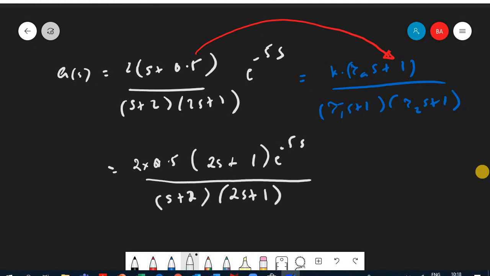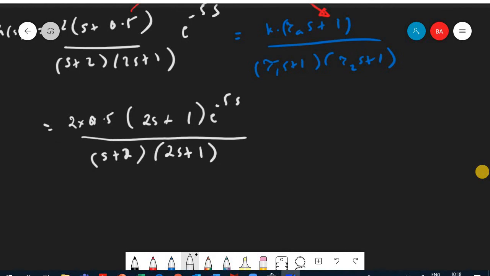Now looking at the poles and zeros, here are the poles and here are my zeros. For the poles, it's very obvious that I have 2s + 1 = 0, so s = -0.5. And for the zeros I have s = -2, and it is also equal to -0.5.